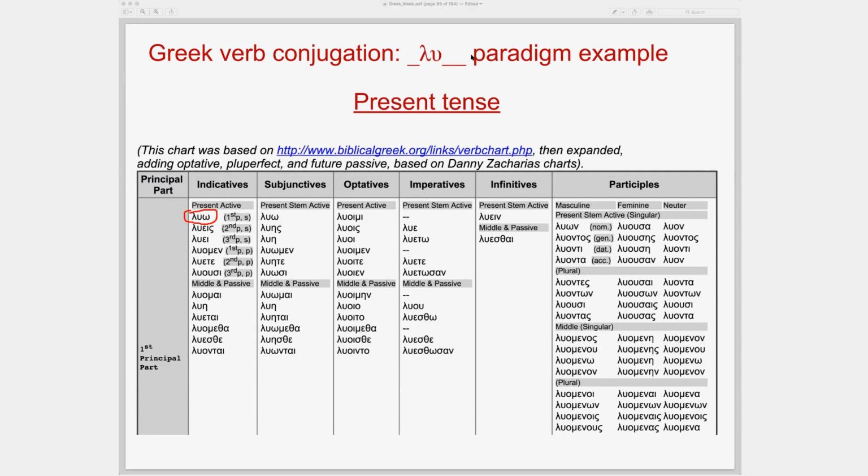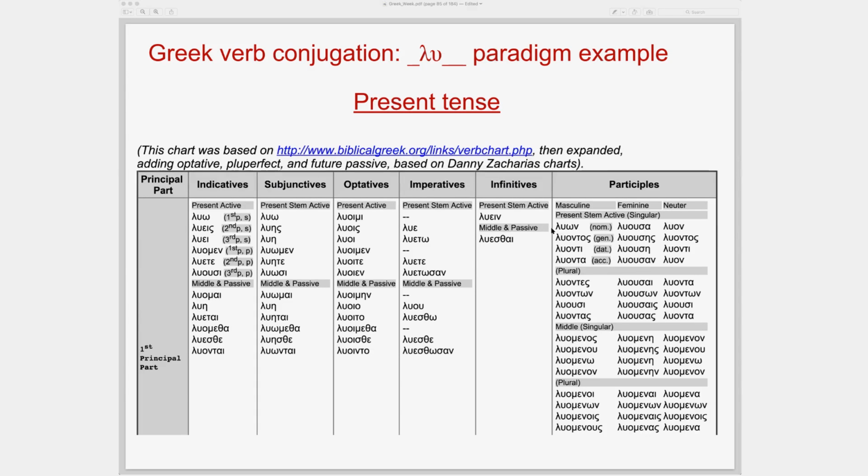Here's the present tense. And you see present active or middle and passive. When I say middle and passive, it's the same spelling for middle as in passive, so you can't tell the difference. You'd have to examine the context. Okay, subjunctive. Okay, so if this would be I loose, then this would be I should loose or would loose.